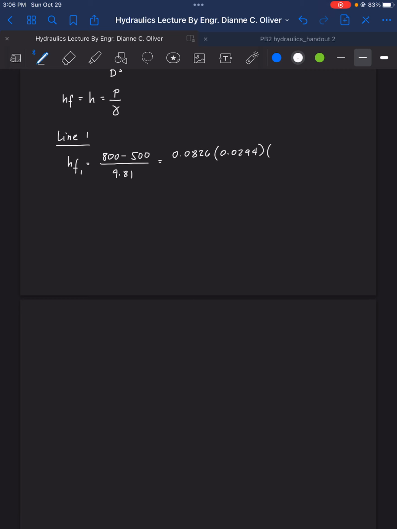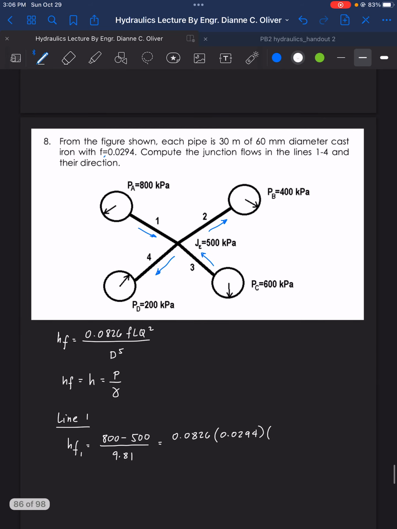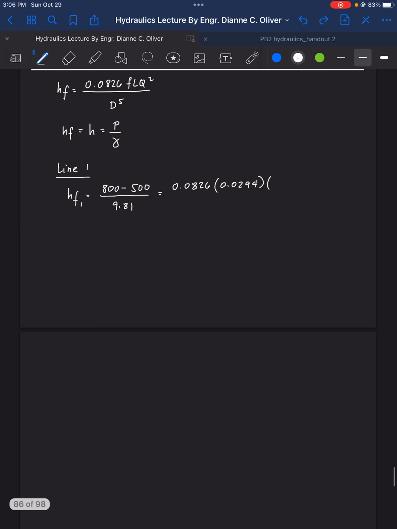It says there that in all pipes, the length is 30 meters and the diameter is 60 mm. So that is 30 meters, Q1 squared, all over 60 mm for the diameter raised to 5.